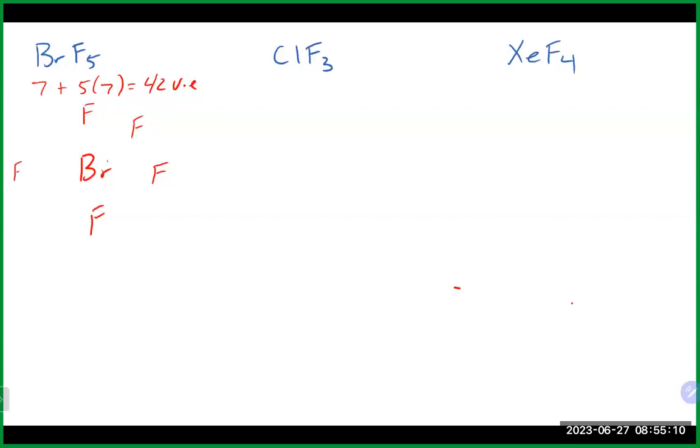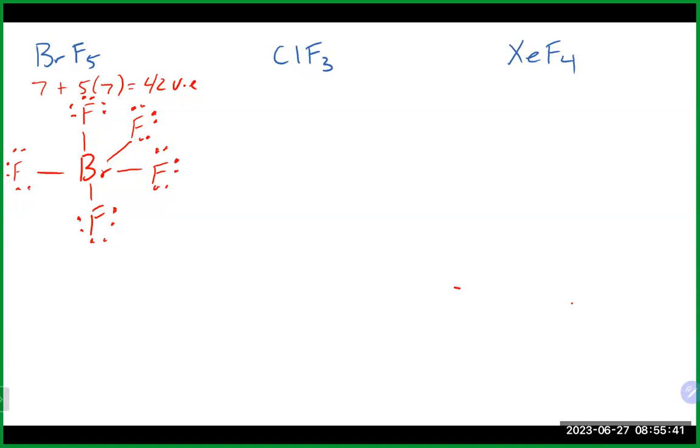We'll do a single bond to each of them. And that's 2, 4, 6, 8, 10 electrons. So we still have more to put on. That would be 12, 14, 16, 18, 20, 22, 24, 26, 28, 30, 32, 34, 36, 38, and 40 at that point.